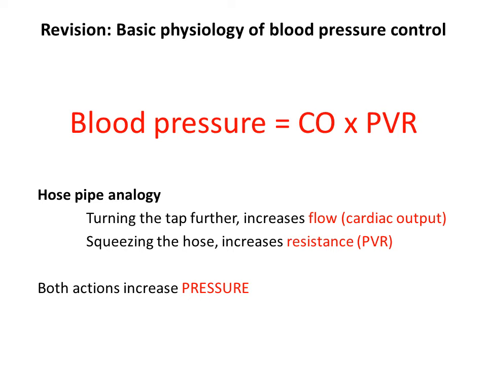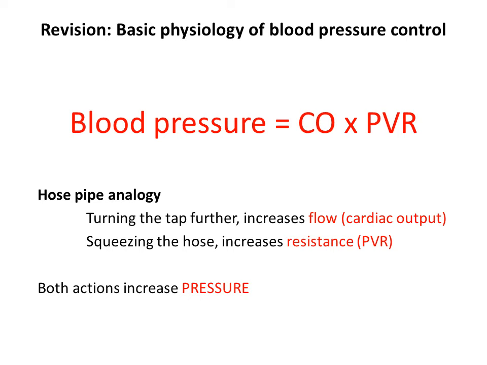By squeezing the hose, this would be increasing the resistance to the flow, which would be analogous to our peripheral vascular resistance. Both actions result in increasing the pressure of the water.